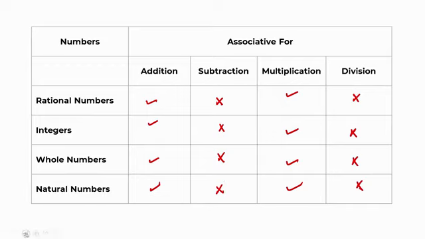Alright. Now in this table we have seen how things actually work for rational numbers. But we still need to verify all the things for integers, whole numbers and natural numbers. So for the associative property, I can basically say that the property is basically this.